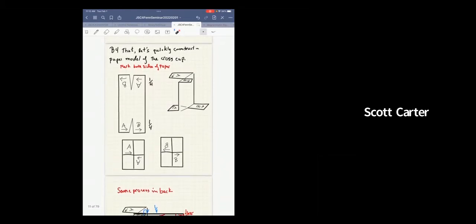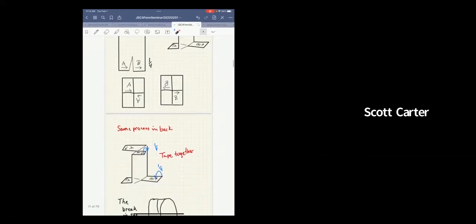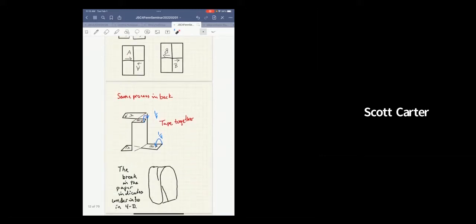I like this model of the cross cap, and you actually can make it. If you take a strip of paper and you cut a quarter of the way down the strip, and mark on the front and the back where you would ordinarily construct a Mobius band, you mark this segment A, mark this segment B, fold them over as indicated, and then do a quarter twist as indicated on each of these pieces.